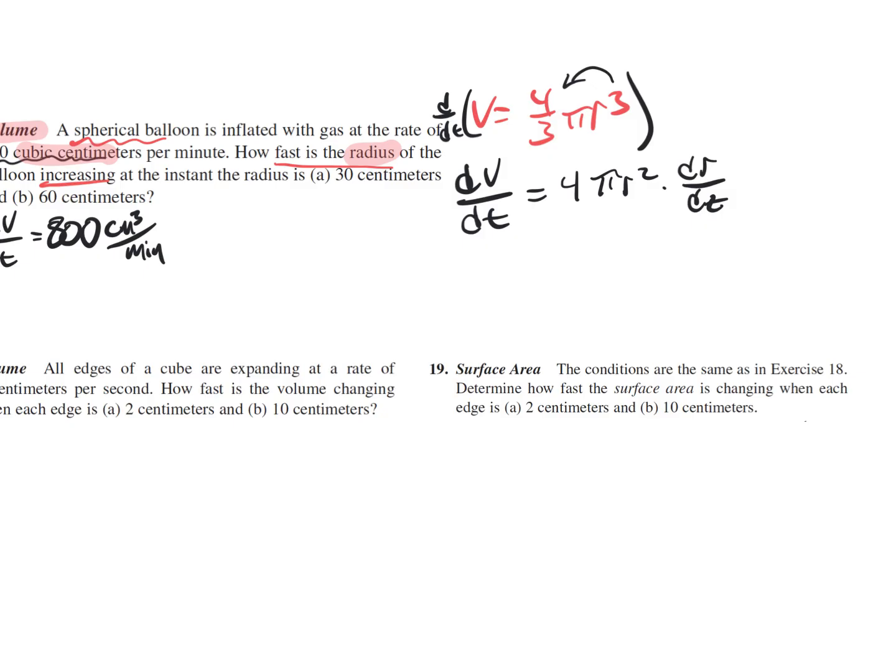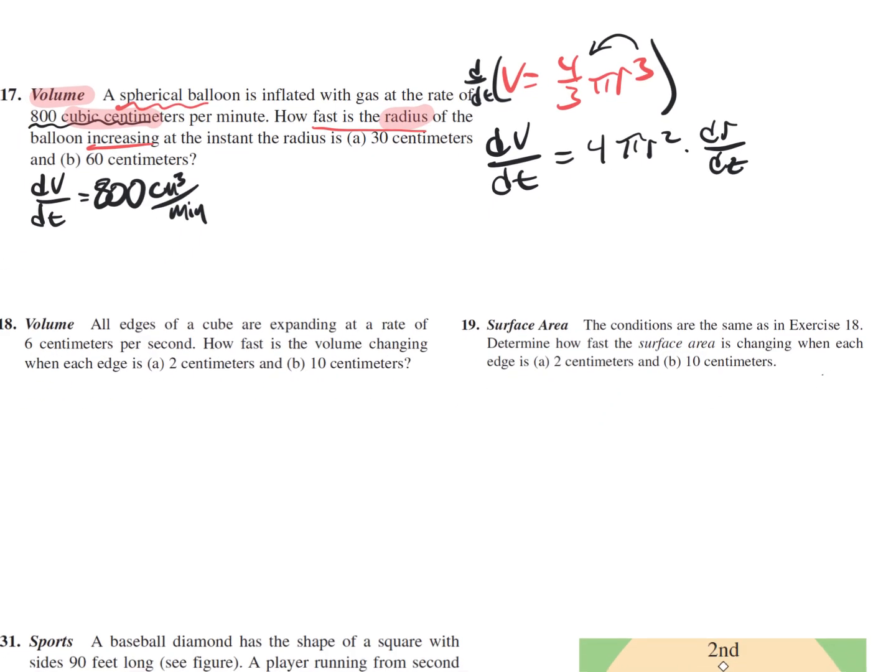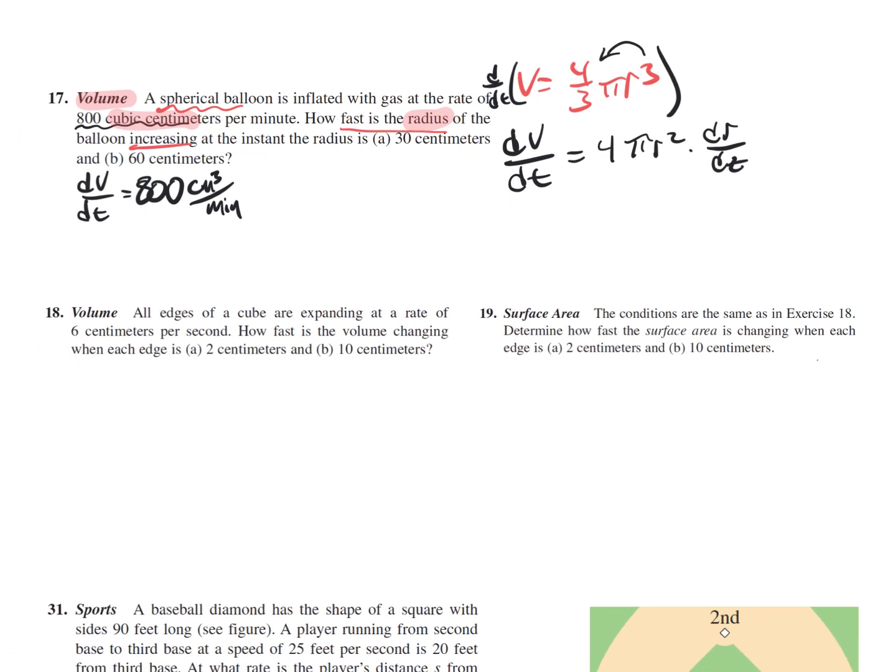So great. Now we have r, dr/dt, and dV/dt. So 3 variables. This whole thing here is one unknown. So now we can go to these two parts. We want to know the rate of change of the radius, how fast the radius is changing, dr/dt, when we know that the radius is 30 centimeters.